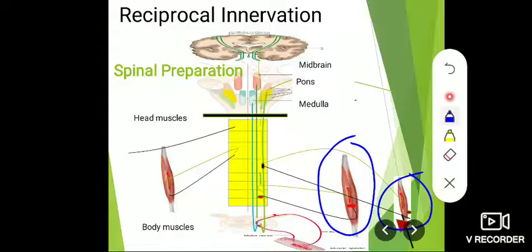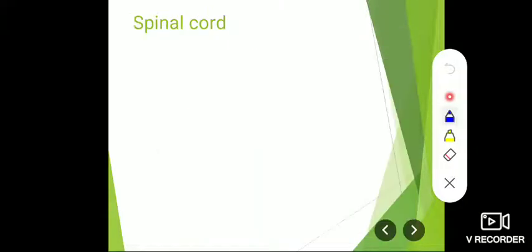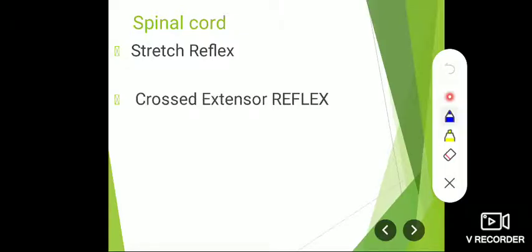So this is again at the level of spinal cord. Here you can see one group of muscle, and this is the antagonist group of muscle. So at the spinal cord, we have seen that three basic reflexes are present in the spinal animal when the influence of the top is gone: stretch reflex, crossed extensor, and reciprocal innervation.